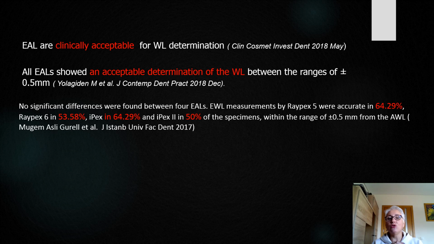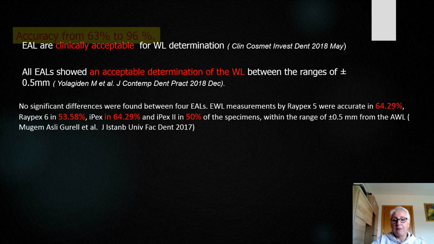There are also studies from 2017 that compared several apex locators and didn't find any differences. But what was interesting is that the accuracy was 64%, 53%, 64%, and 50%, again within plus or minus 0.5 millimeters of the working length.